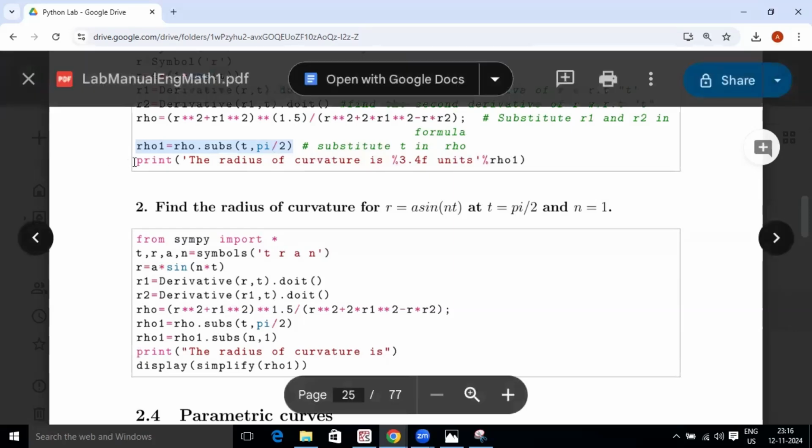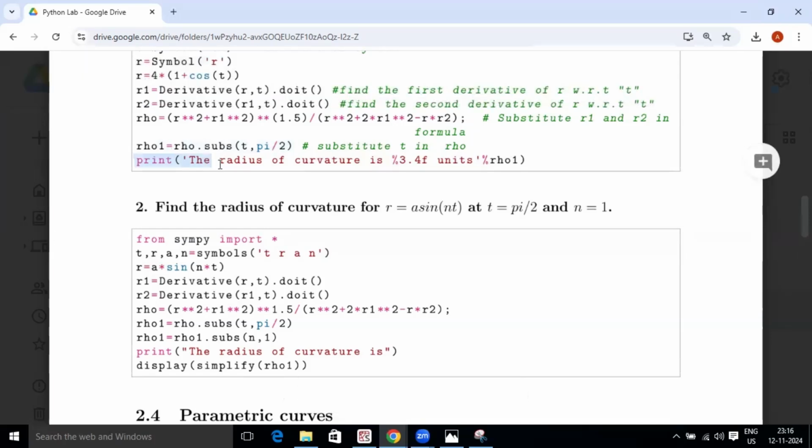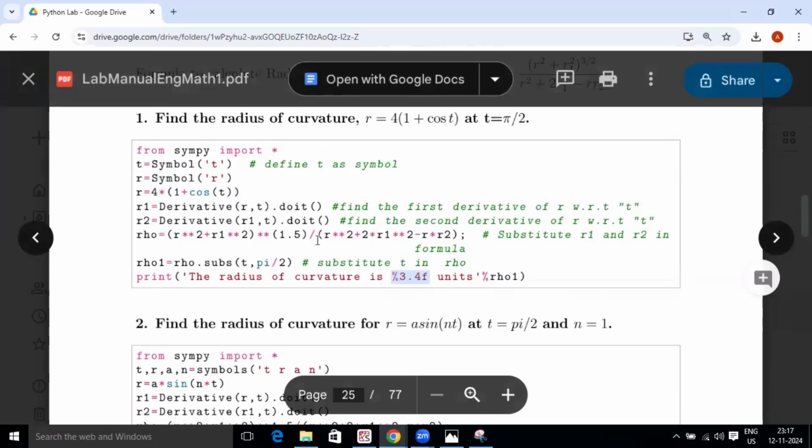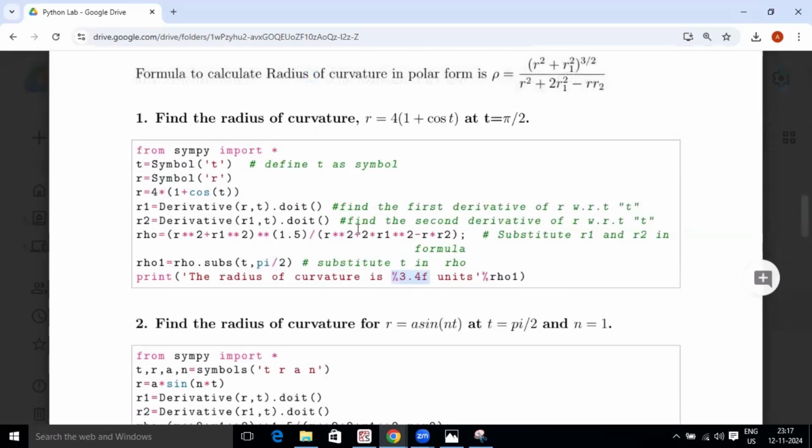And this line basically prints the calculated radius of curvature to 4 decimal places. So by executing this particular code, you'll get the radius of curvature for the given polar curve at the specified point.